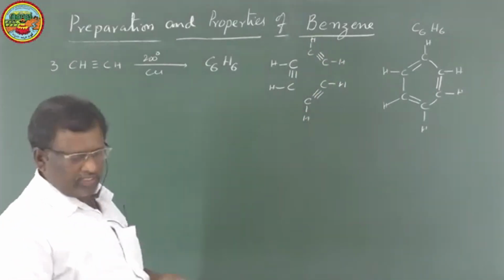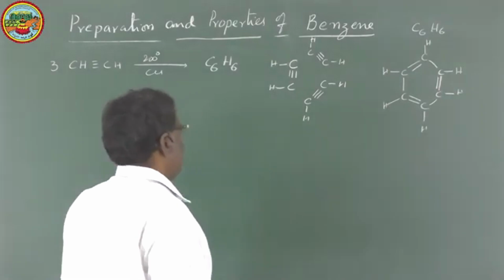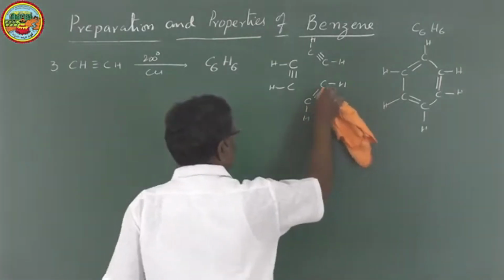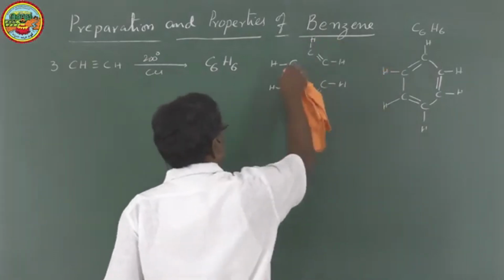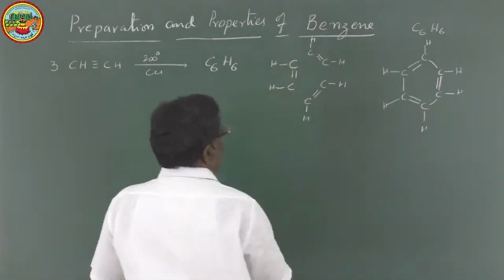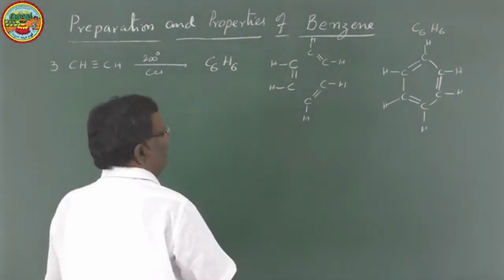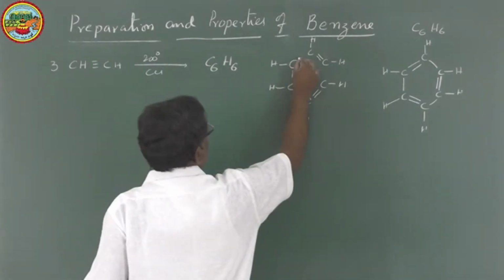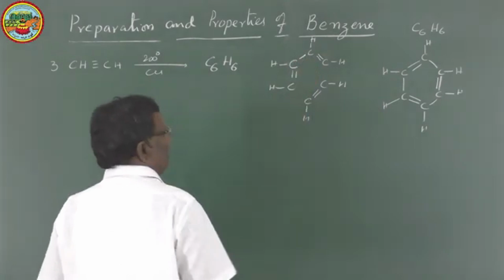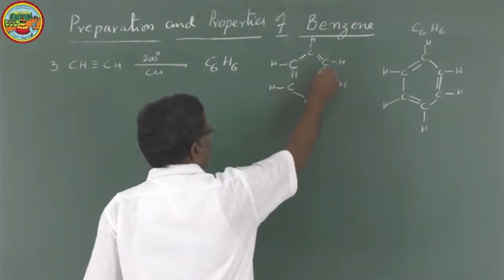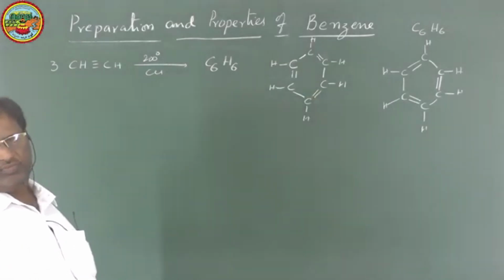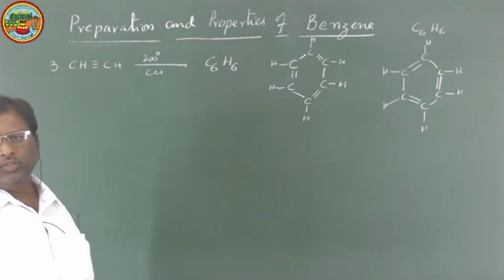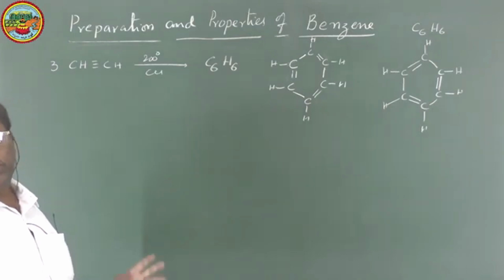Now during polymerization, what happens? One of the pi bonds in each molecule is broken so that only 2 bonds remain. That pi bond forms a single bond with the adjacent carbon atoms like this, so that it gives us benzene. This is the formation of benzene by the polymerization of acetylene.